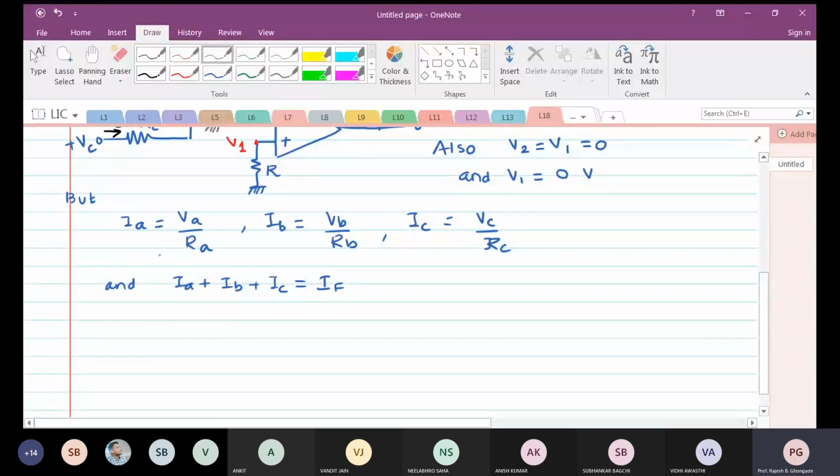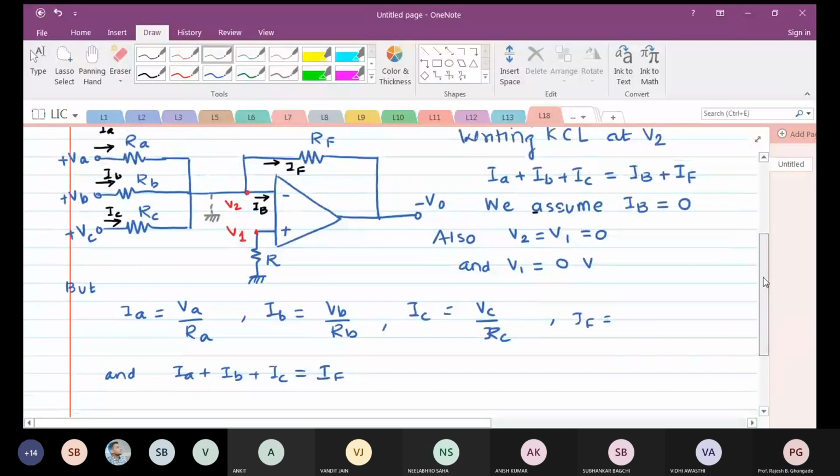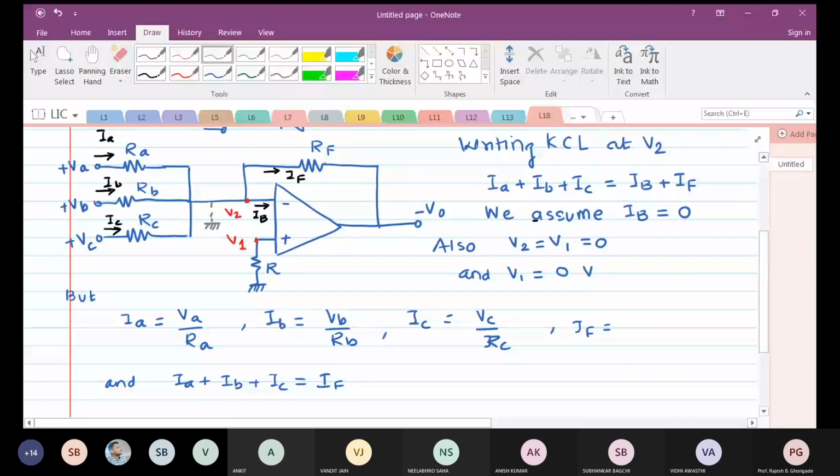So putting all this here, what is going to be IF? Again, Ohm's law: zero here, minus VO here. So what is going to be IF, guys?